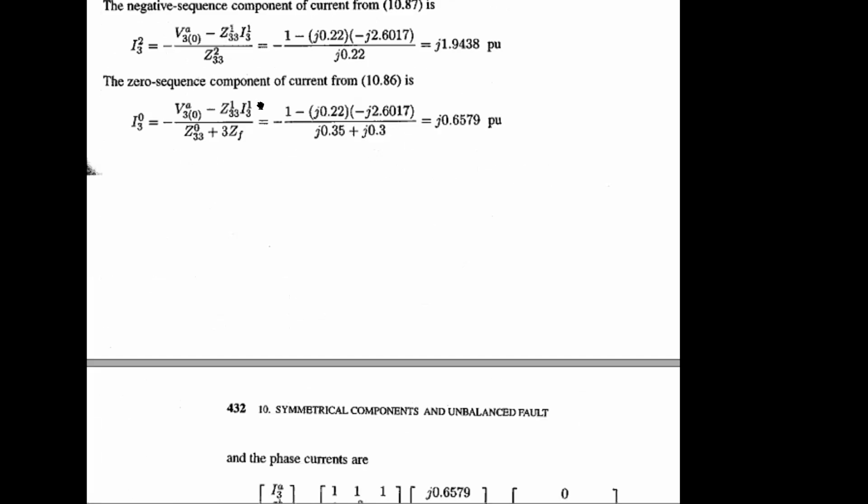But for the double line to ground case, you have IA0, IB0, I30, and I3, this is 0, 1, 2. I31 and I32 are there, and you have to use that information to generate the total fault current.